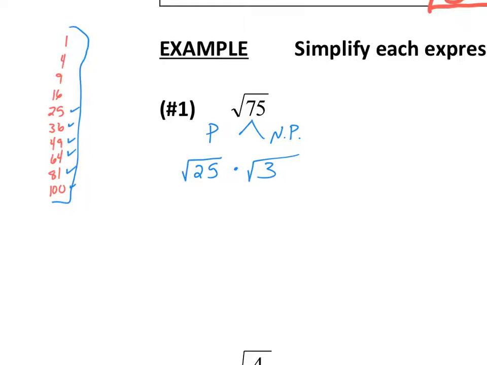And the reason we want a perfect is because you can find the square root of the perfect. So what is the square root of 25? The square root of 25 is 5. So this becomes 5 times the square root of 3. And that's called simplifying the radical. So perfects and non-perfects.